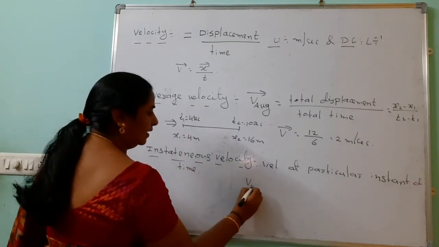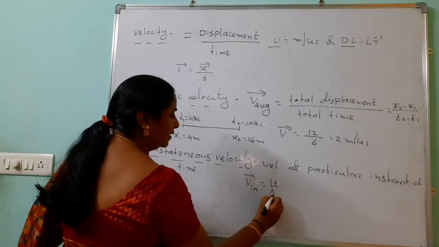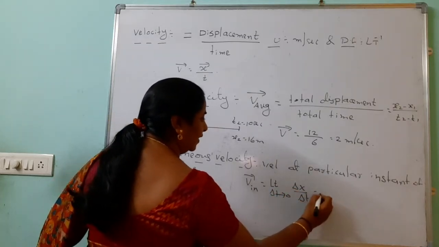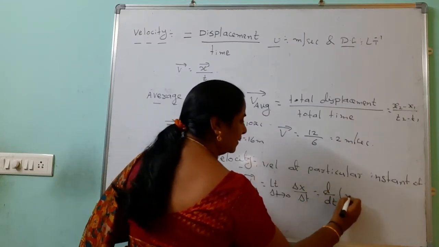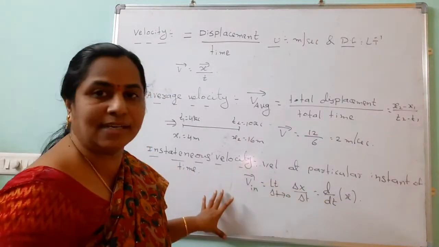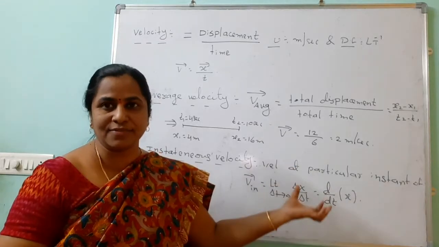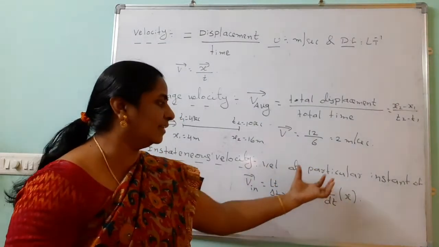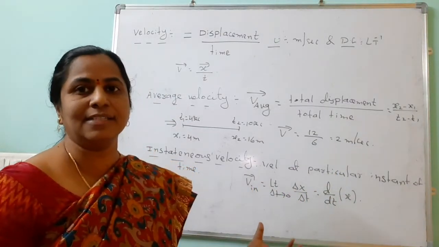So V instantaneous equals the limit as delta t tends to 0 of delta x by delta t, which we can treat as the rate of change of displacement. Rate of change of displacement is called the instantaneous velocity. So velocity is displacement by time, average velocity is total displacement by total time, and instantaneous velocity is the rate of change of displacement.